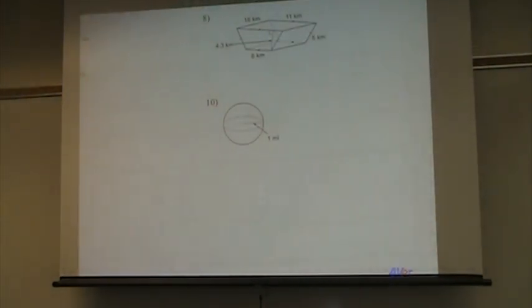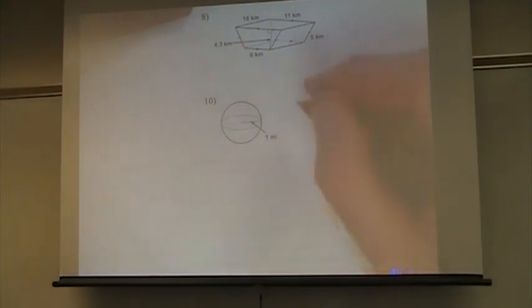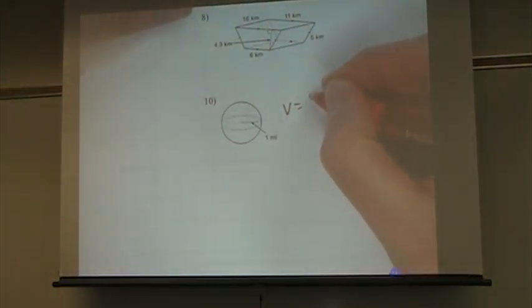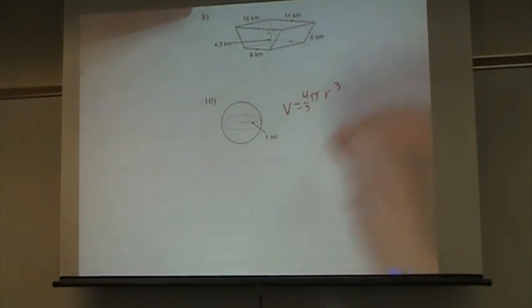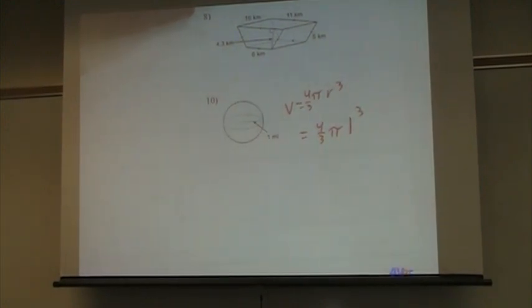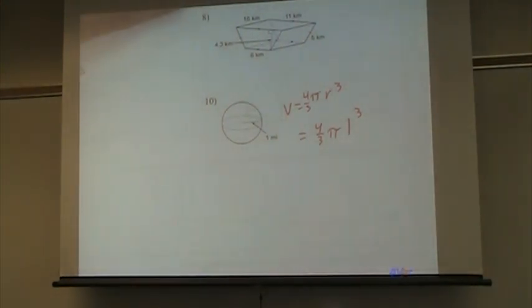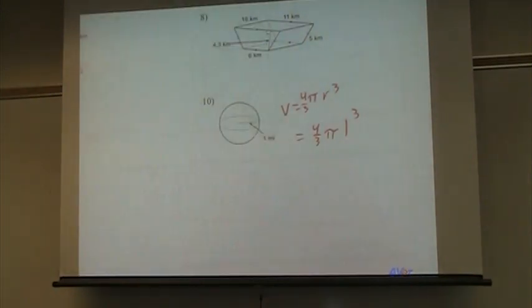Okay, so volume equals 4/3 pi r cubed, which is just going to be 4/3 pi times 1 cubed. I do not know how that got in as a practice question. Anyway, you can put that in your calculator if you want, but you know that 1 cubed is still 1.